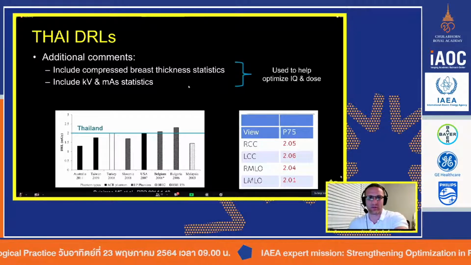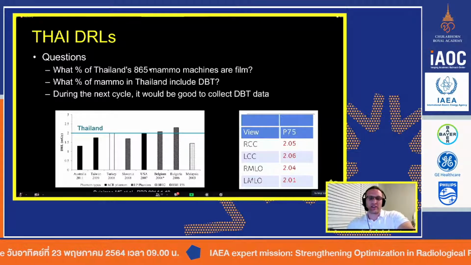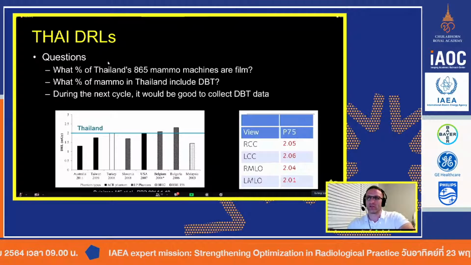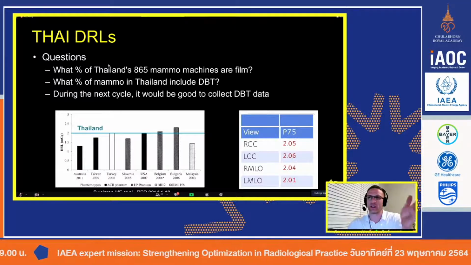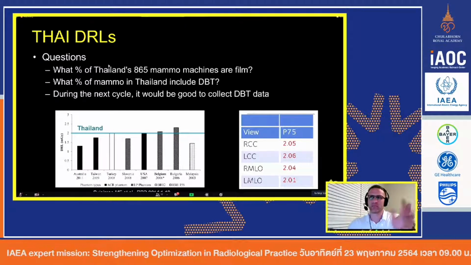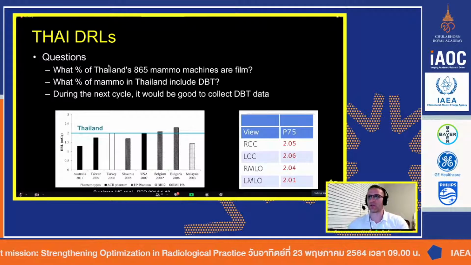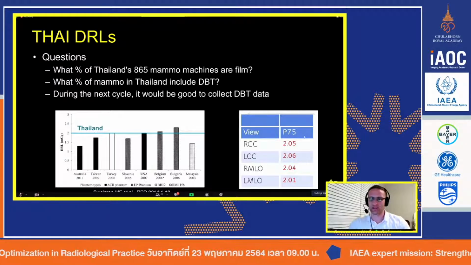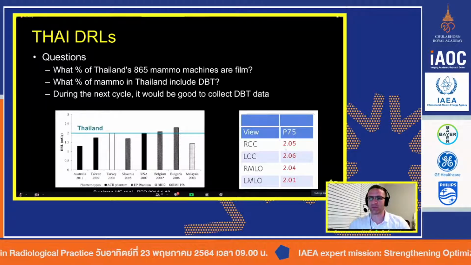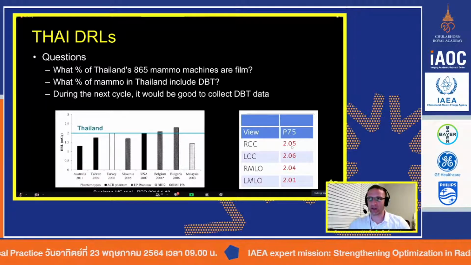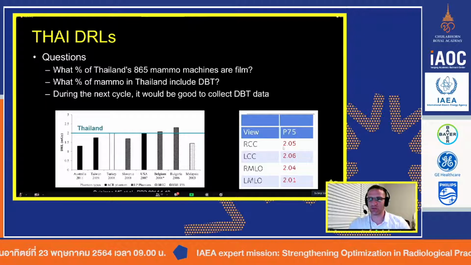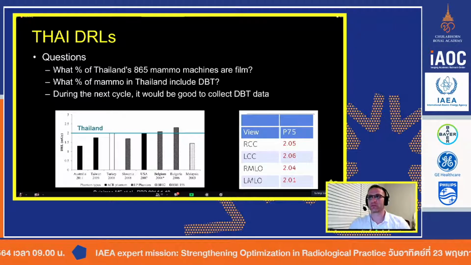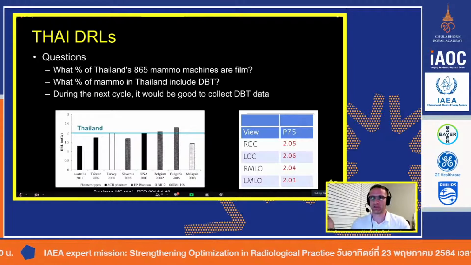In Thailand, you had 865 mammo units, but I think you only surveyed maybe 20 to 30%, which is fine because this was your first go. You probably didn't have access to all of them. In that case, this is a population base. This value is on average 2 milligray for any woman that would walk in the door, because it's just an average of the population.